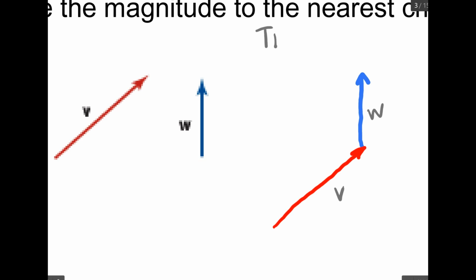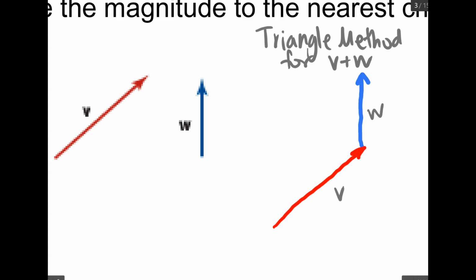So I took V and W. So this is the triangle method for V plus W. So I took my first vector, I redrew it. I took my second and I put the tail on the tip of my first vector.